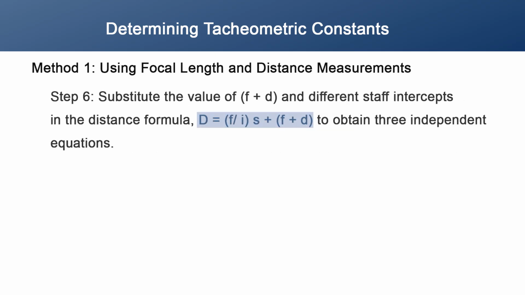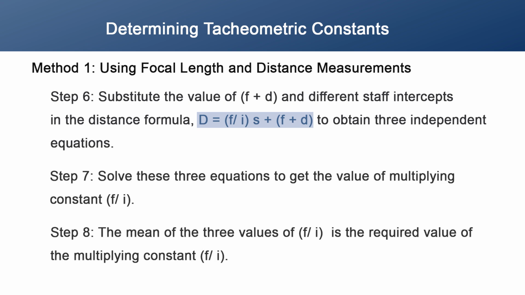With these measurements, you can use the tachyometric distance formula to create three separate equations. D is equal to f by i into s plus f plus d, for each case of D1, D2 and D3.